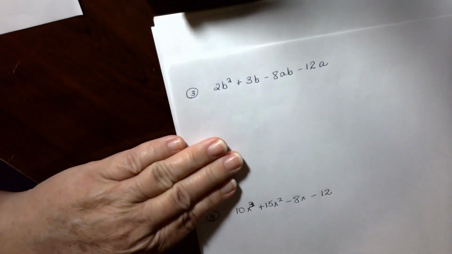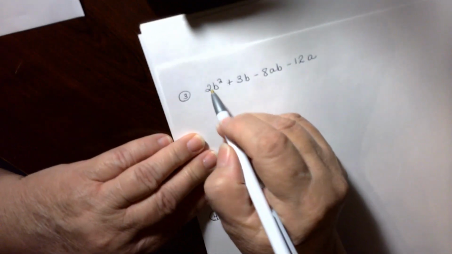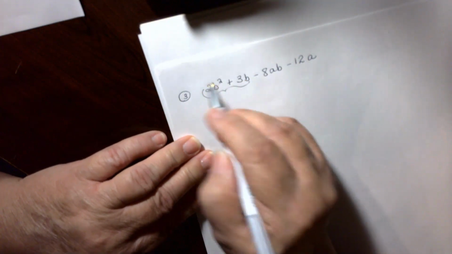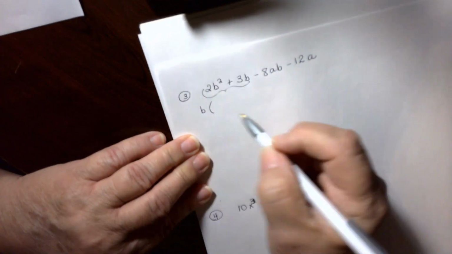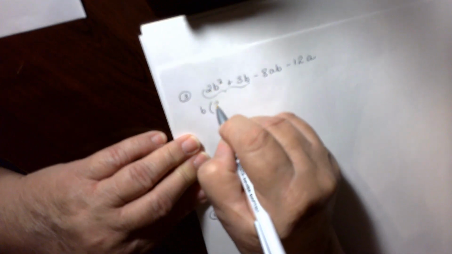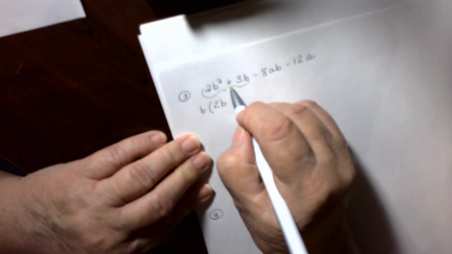Alright, third example. Let's see if we can get it in focus. There it is. So what's common to these 2 is just a b. What do I multiply by b to get 2b squared? What do I multiply by b to get plus 3b?